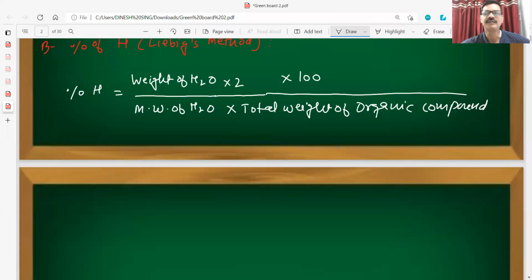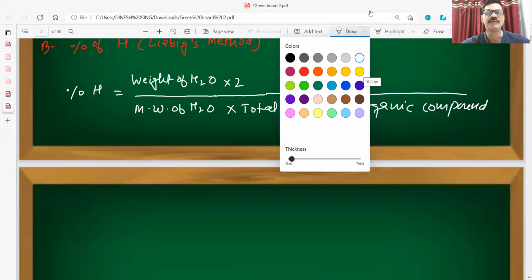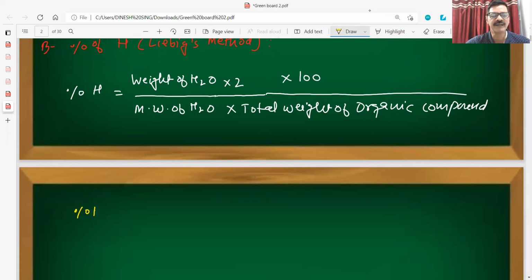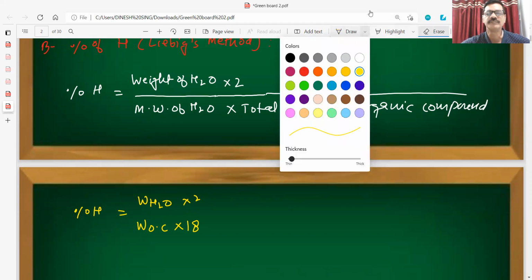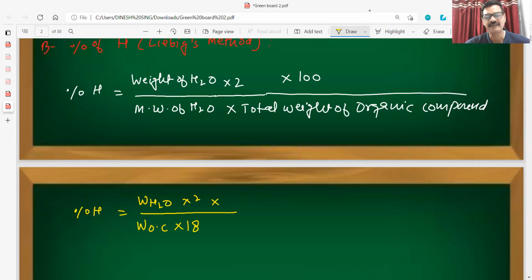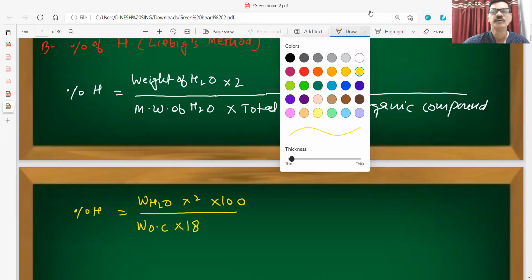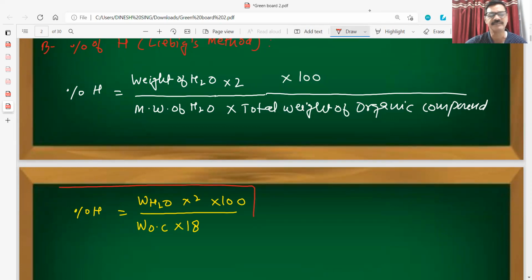So here we can make the second formula: percentage of H will become equals to weight of H2O divided by total weight of organic compound into 2 by 18 into 100. So from this formula we will get the percentage of hydrogen. So by this method, that is Liebig's method, we can determine the percentage of carbon and hydrogen.